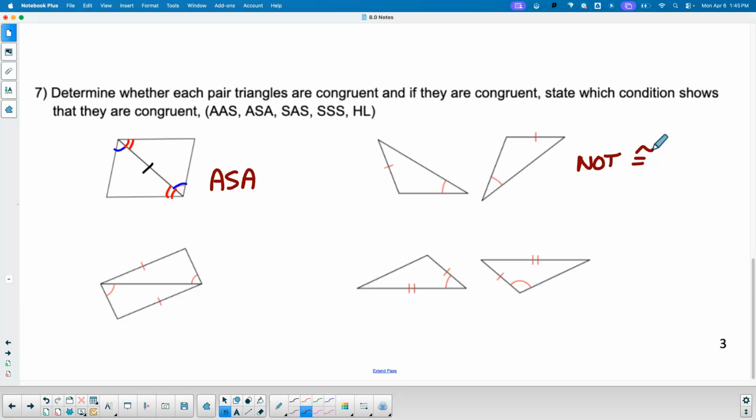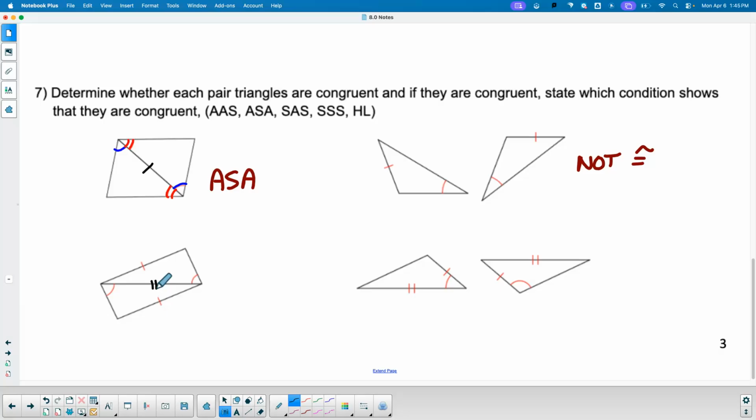Lower left, I can say that side's congruent to itself, right? So can I say that those triangles are congruent then? Yeah? Using which one?